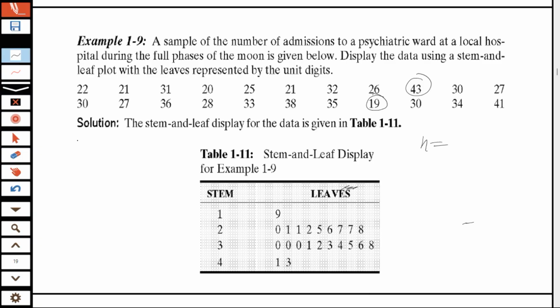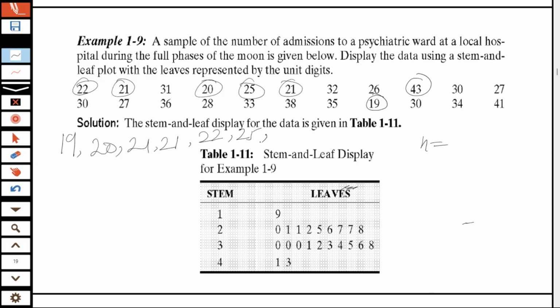So here we are going to get 19, and the next will be 20. We have 19, 20, then 21, and we have another 21, which is here. We have 22, then 25, the next one is 25.